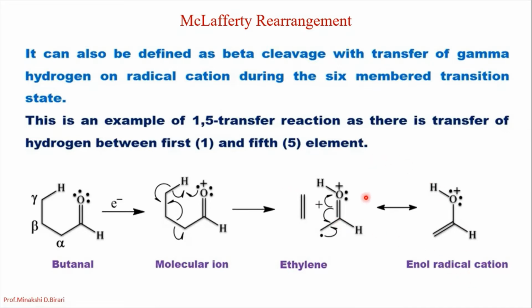If we consider the resonating structure, this will be stabilized and we get the enol radical cation. So McLafferty rearrangement can also be defined as beta cleavage with transfer of a gamma hydrogen on the radical cation during the six-membered transition state.